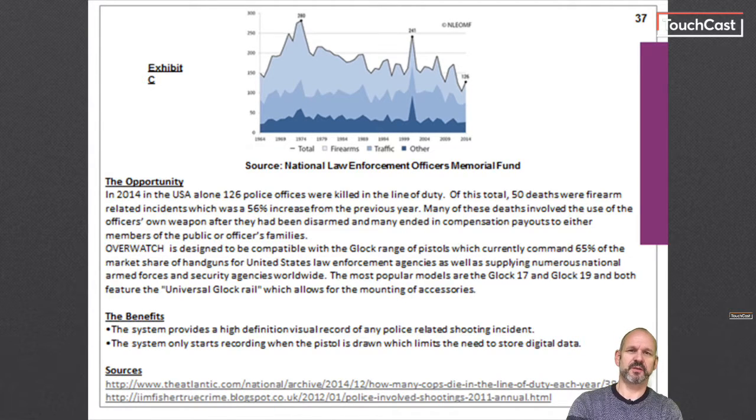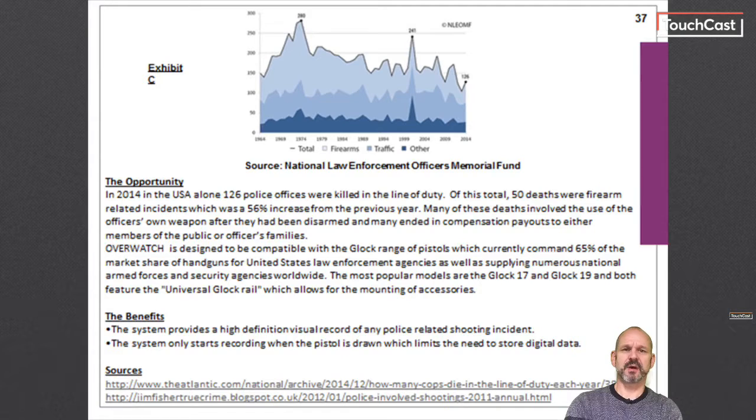Of this total, 50 deaths were firearms related, and this was a 56% increase from the previous year. Now, many of these deaths involved the use of the officer's own weapon after they had been disarmed, and many ended in compensation payouts to either members of the public or officers' families, largely because the chain of events could not be established beyond reasonable doubt.